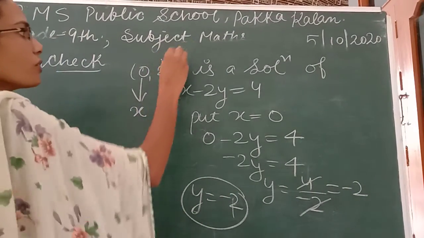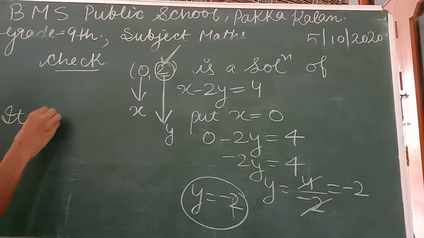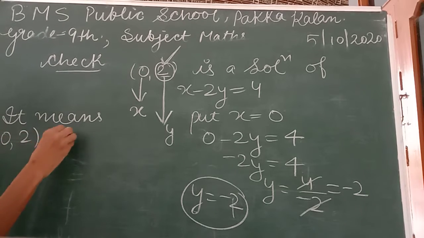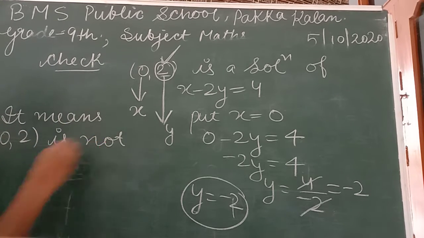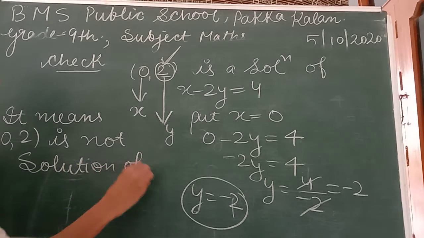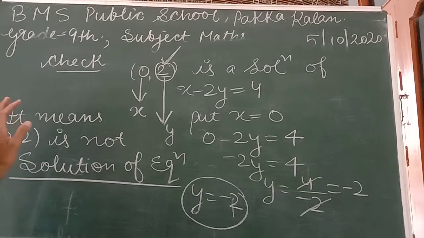But what is the given value of y? It is 2. It means (0, 2) is not a solution of the equation. Is it okay, students?